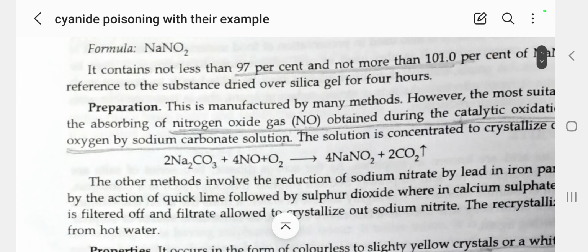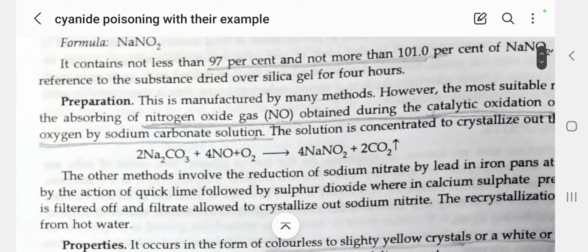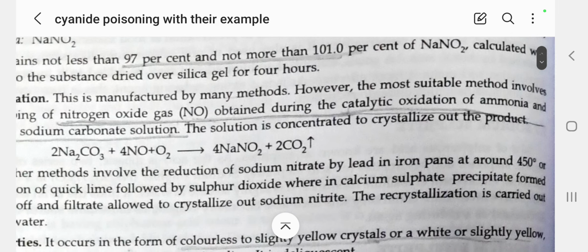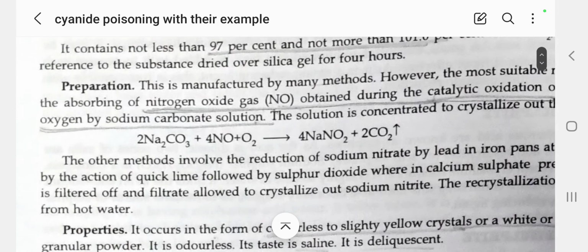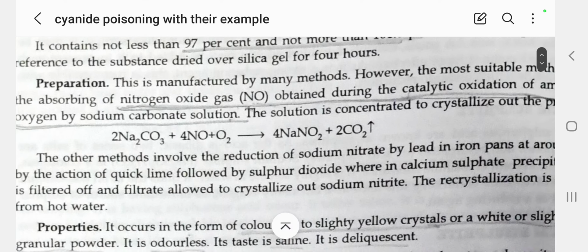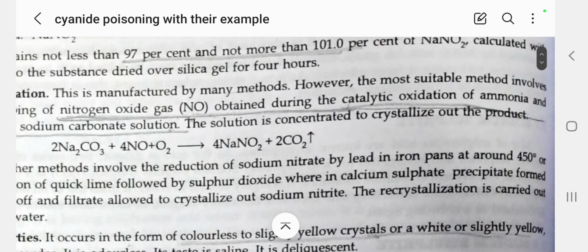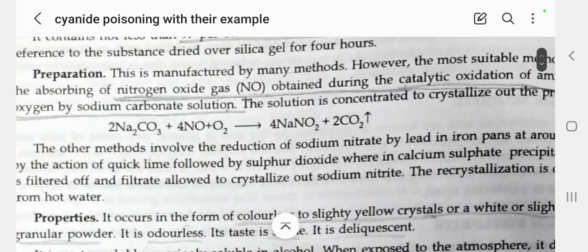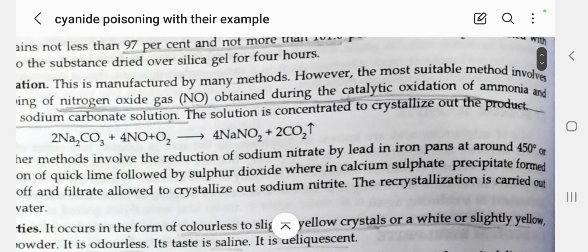Next we'll see how sodium nitrite is prepared. It is manufactured by many methods. However, the most suitable method involves absorbing nitrogen oxide gas, obtained during the catalytic oxidation of ammonia and oxygen, in sodium carbonate solution. The solution is concentrated to crystallize out the product.